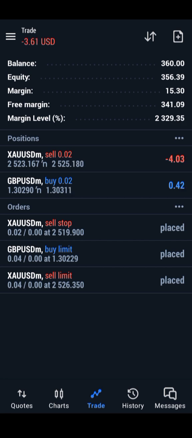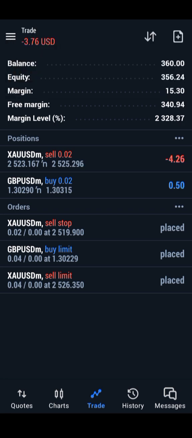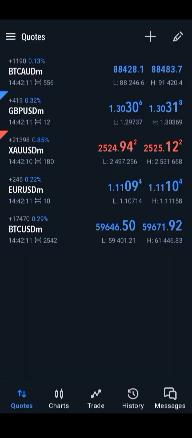So anyone you are entering, just make sure that after your analysis you are sure of what you are actually doing. This is just a rough sketch I did. So do your analysis very well, and make sure you understand what you are doing before you enter any trade.